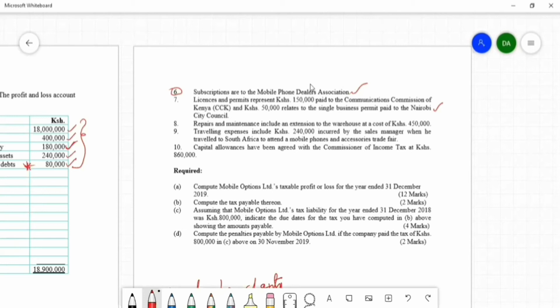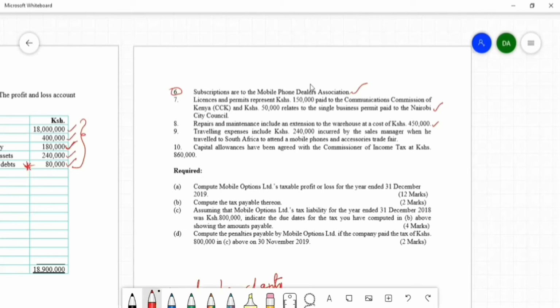Repairs and maintenance include extension to warehouse at a cost of 450,000. Now, extension to warehouse is a capital cost, which is not allowable. Traveling expenses include 240,000 incurred by a sales manager when traveling to South Africa to attend mobile phones and accessories trade fair.